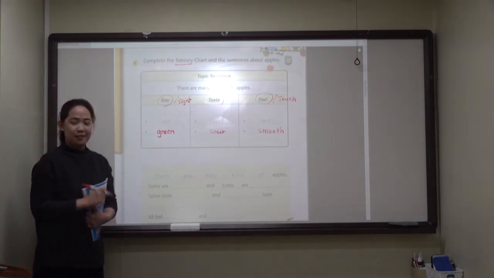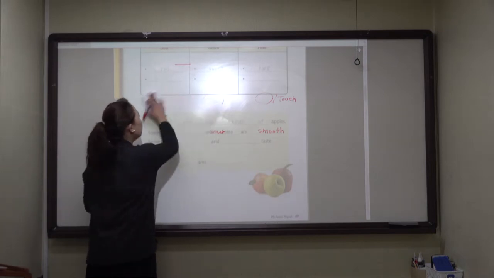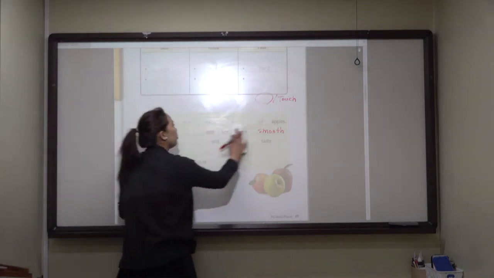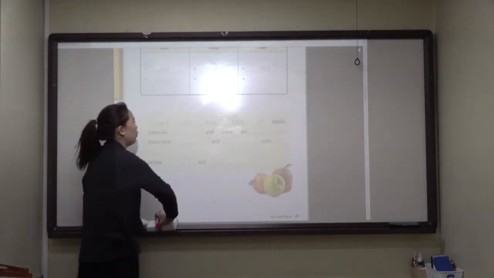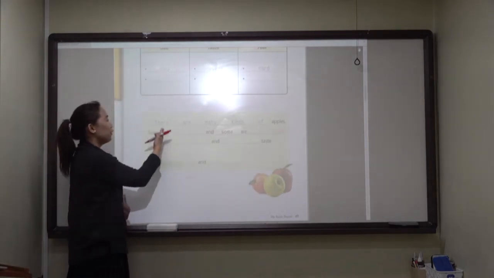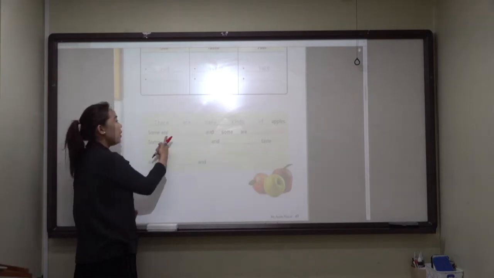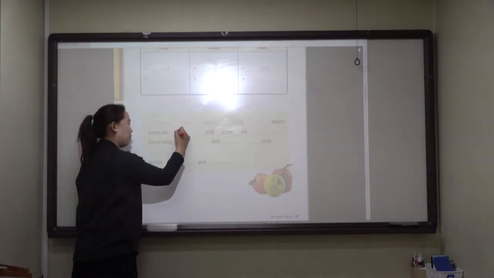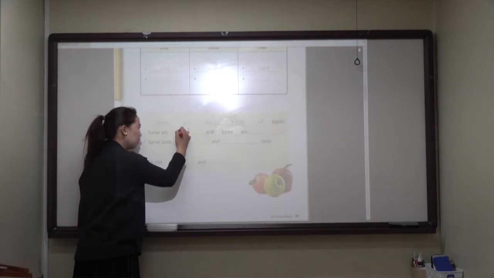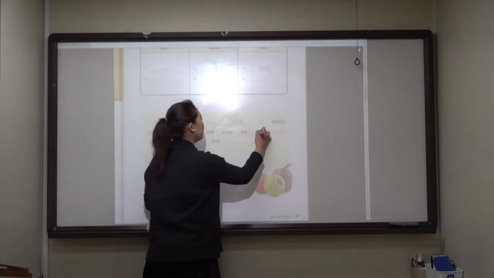Are you guys done? If you are, then let's get to the bottom part and fill in the blanks. There are many kinds of apples. Some are red, and some are green.